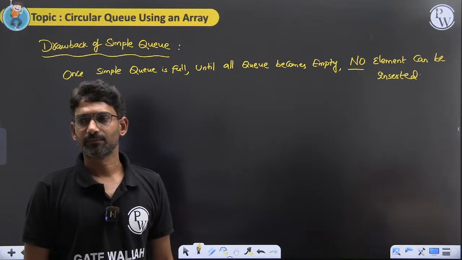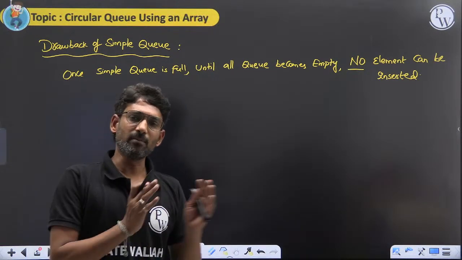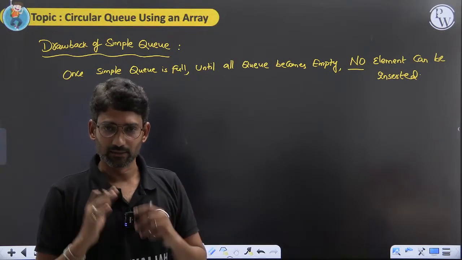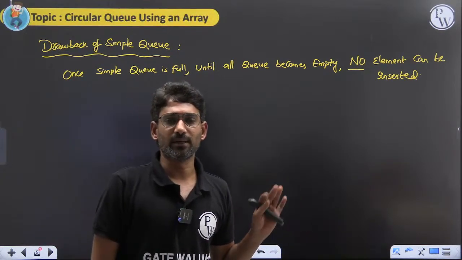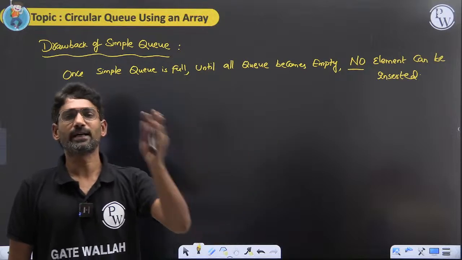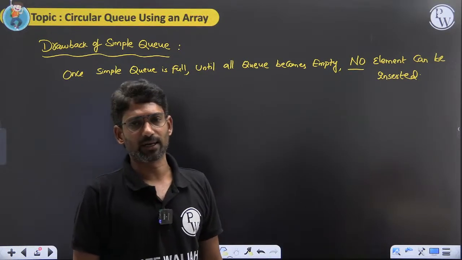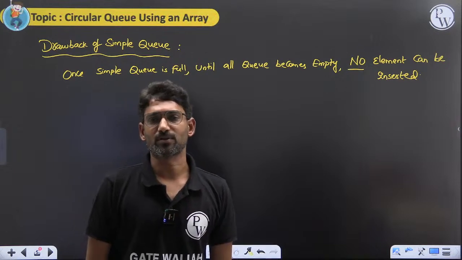Isn't it? Even if n-1 elements are deleted, having the size as n, insertion will not be allowed. You should delete all the n elements. Then rear is set to -1 again, and insertion would be possible.